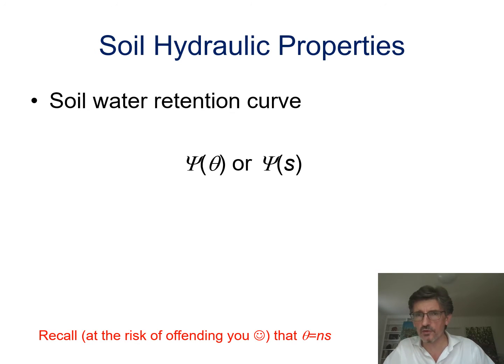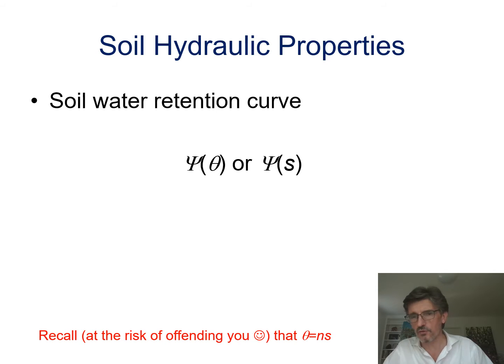The first one is the soil water retention curve, which links the matric potential psi, which we defined before, the water potential component related to the capillary forces, to the interfaces that in unsaturated soil are many, with the volumetric moisture content, how much water there is in the soil. It could be the volumetric moisture content or the relative soil moisture, S.